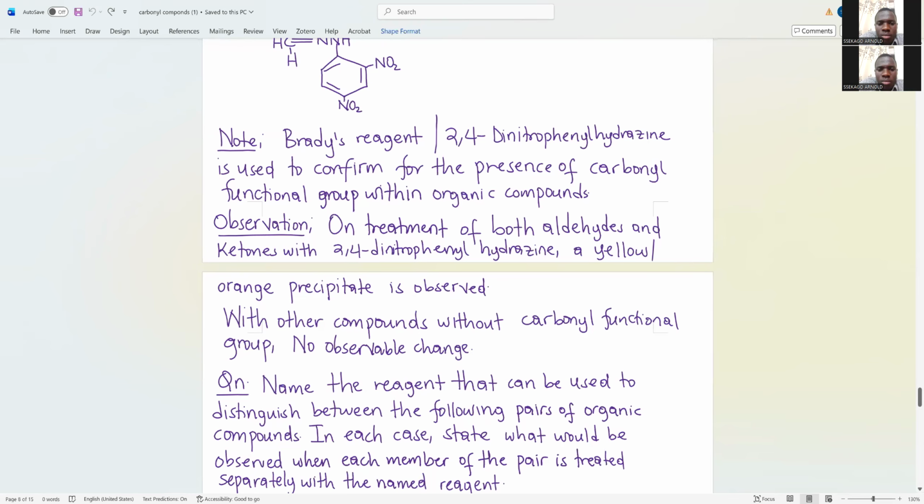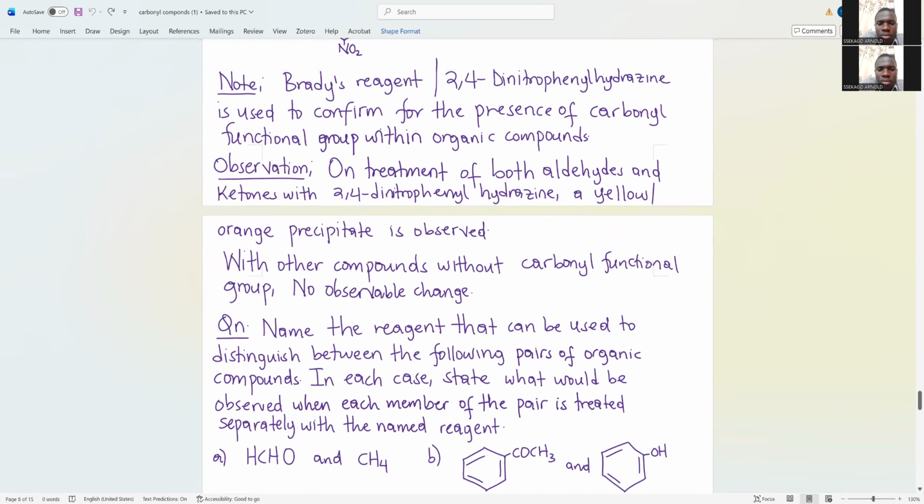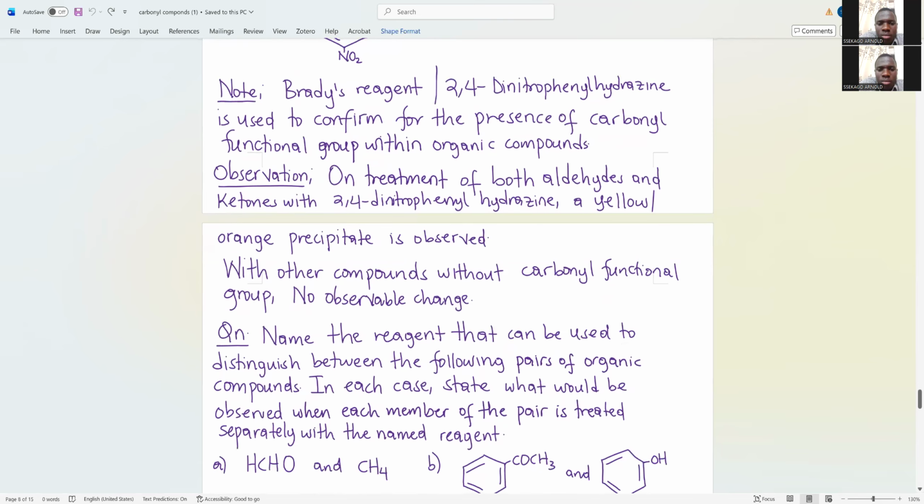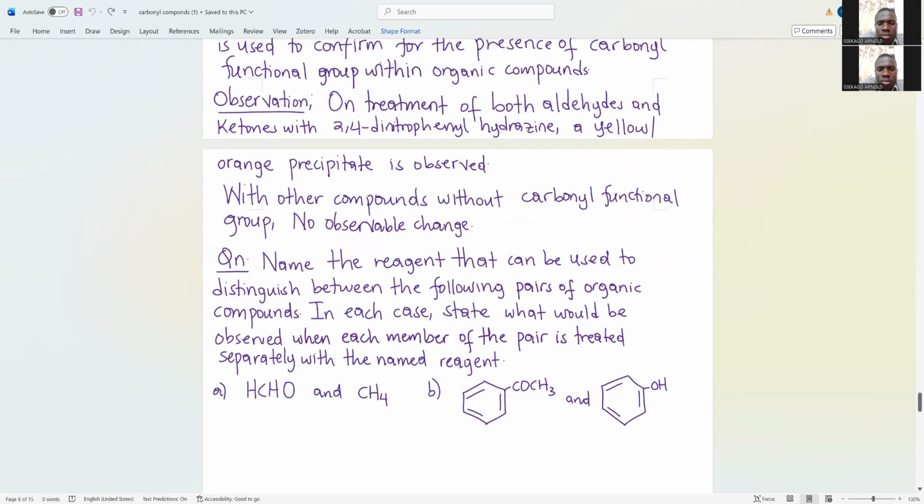And previously, we had gone through this. That is confirmatory tests for carbonyl compounds. How Brady's reagent is used.